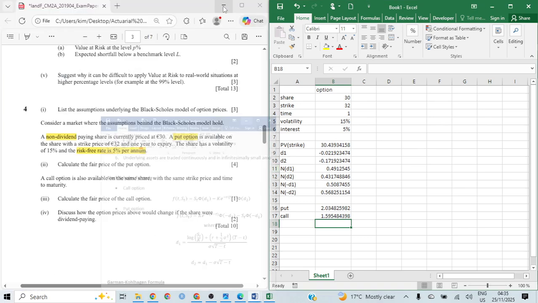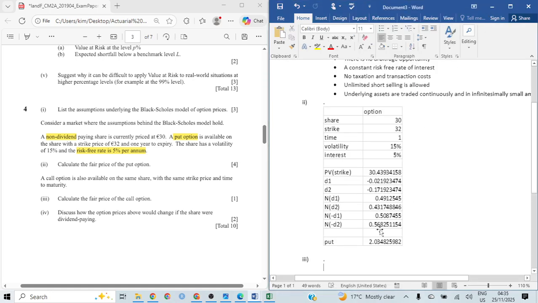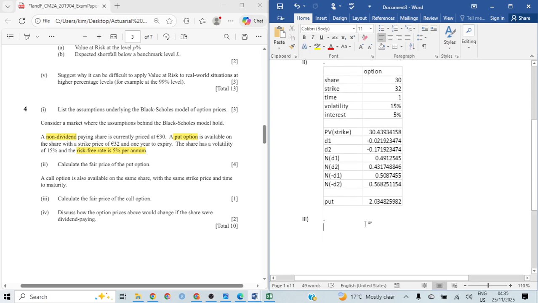So we'll just come here. You see, it's only 1 mark. So I'm sure if I could just copy this again and paste it for the examiner, it would be perfectly okay. Or I could just paste the answer using the Black-Scholes formula for a call option.